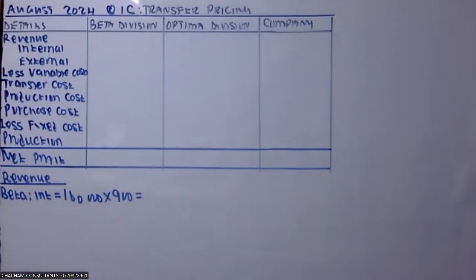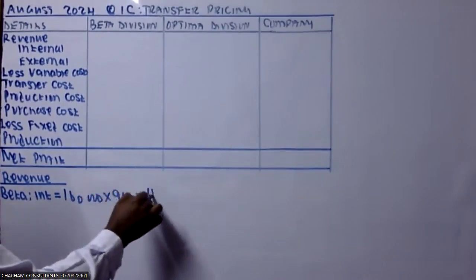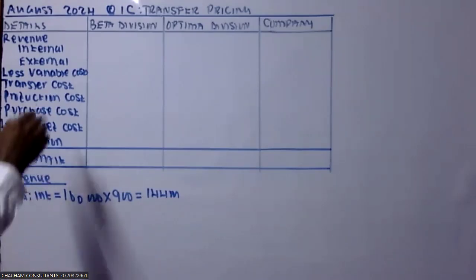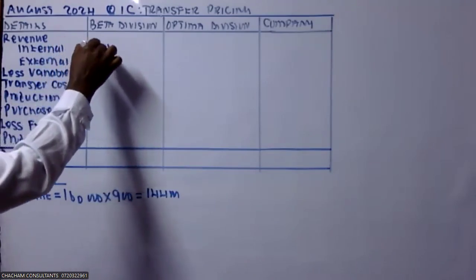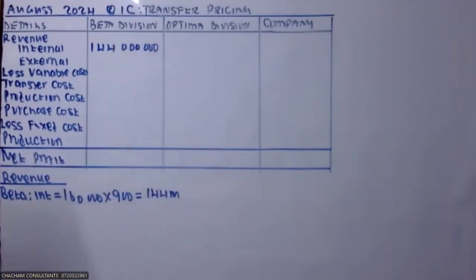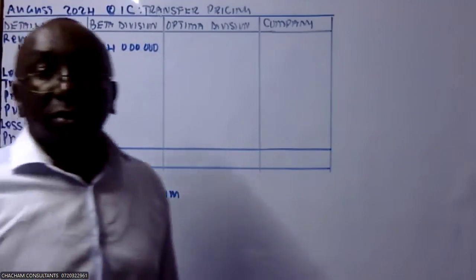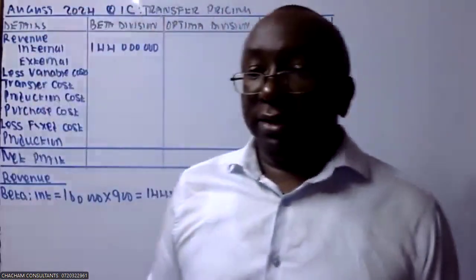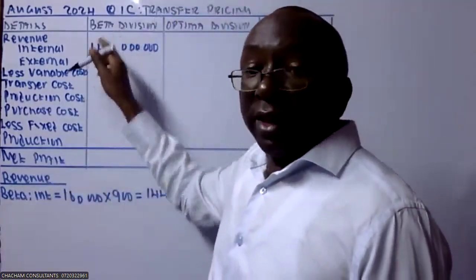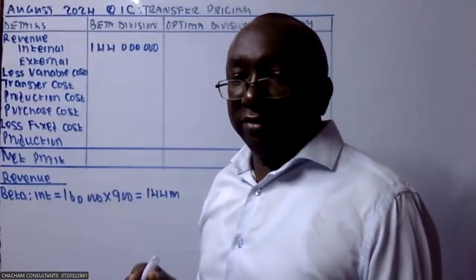So when you multiply that, 160,000 times 900, that is 144 million. So that 144 million, you come and put it here. Now, I told you that transfer price is a revenue to the supplier, and a variable cost to the receiver.